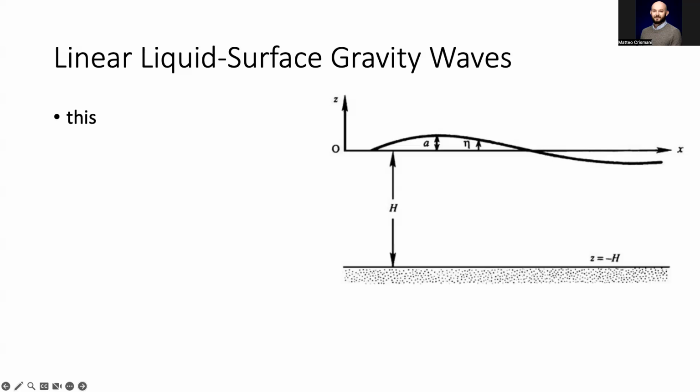The first part that we have to ask here is that when we do this on the right-hand side, we get minus u del eta del x plus w. And that's going to be equal to del eta del t.